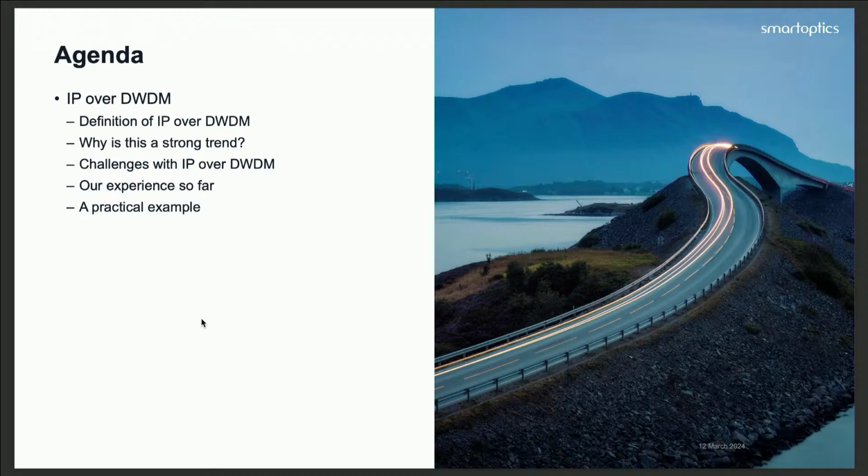There are some challenges with IP over DWDM with the latest technologies, especially going to 400 gig, which I'm going to talk about, and then our experience with customers and technology so far, and some practical examples.